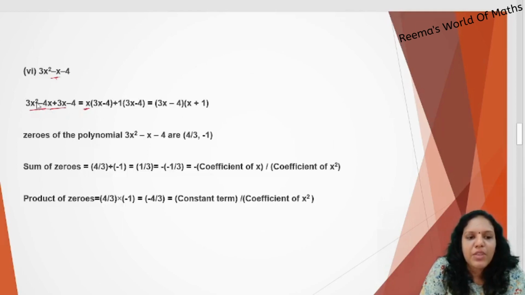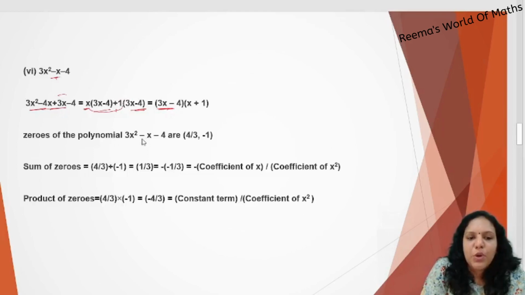After taking x from 3x squared, what is left is 3x, and from 4x, we have only minus 4. So x multiplied by 3x minus 4, plus in the second part, 3x minus 4, there is nothing common, so 1 is the common factor, 1 multiplied by 3x minus 4. Again 3x minus 4 is common, so 3x minus 4 multiplied by x plus 1. So 3x minus 4 and x plus 1 are the two factors.